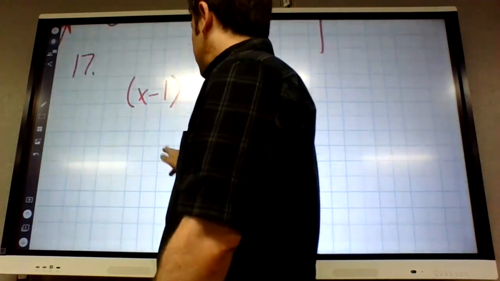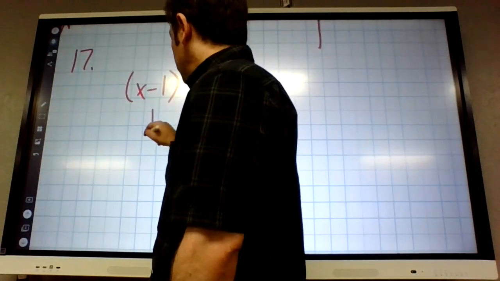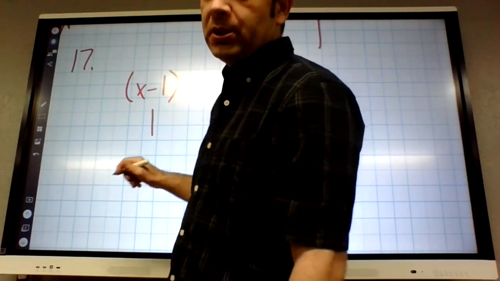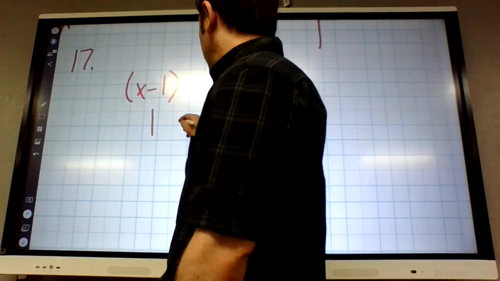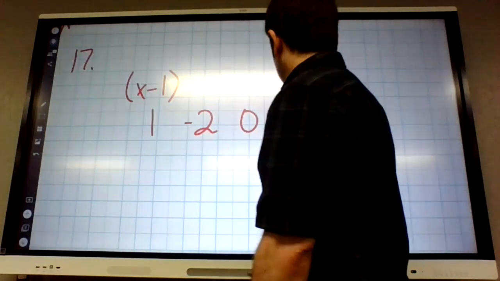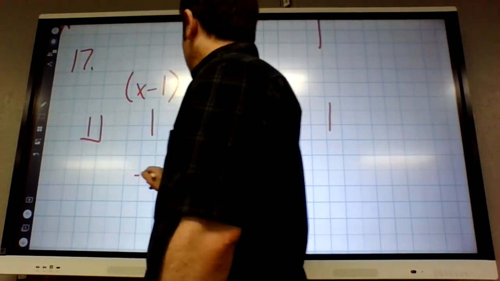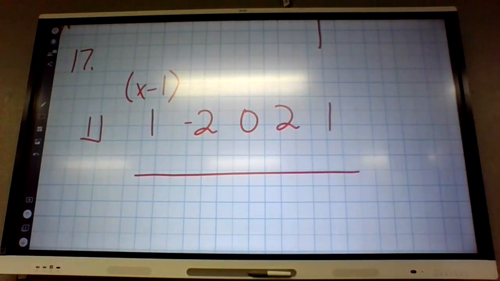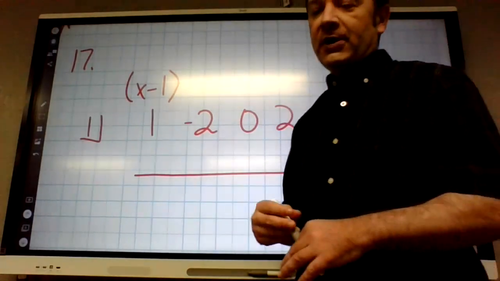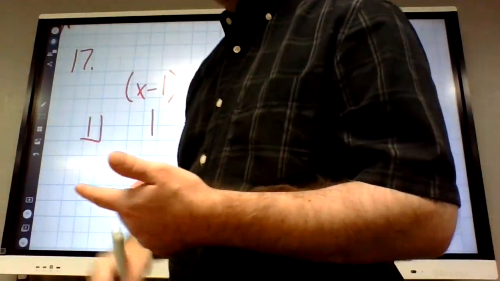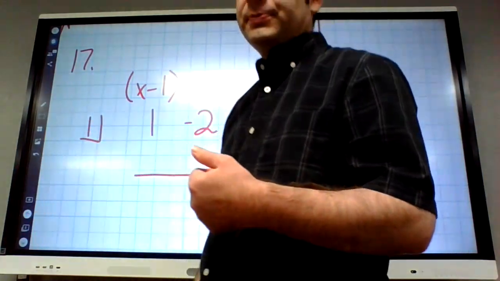You guys remember yesterday? 1, negative 2, 0. So I'm going to divide by x minus 1 by putting 1 in the box 3 times in a row. If I do it right, my remainder should be 0, because I know this has to be a root.